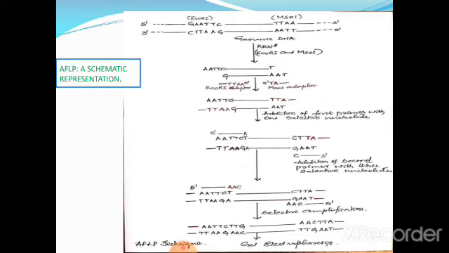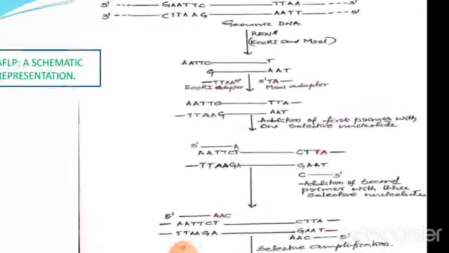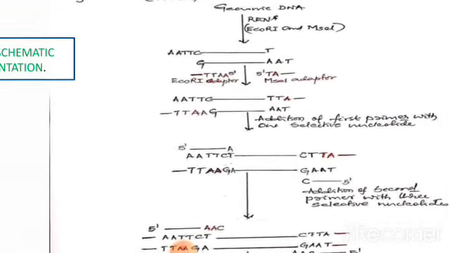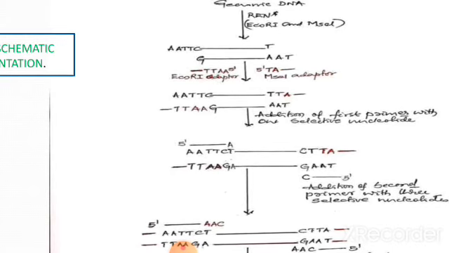Then what happens? These two enzymes will cleave the DNA and result in small DNA fragments which are less than 1 kb, so that they can be amplified by PCR. So in the second step you can see you will get the restriction digested products.